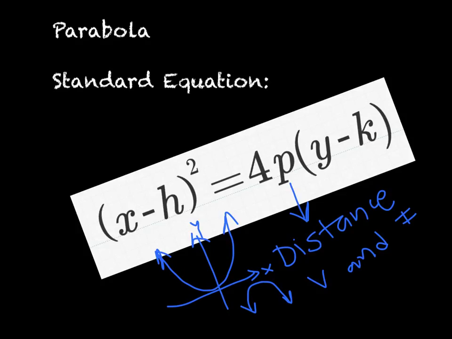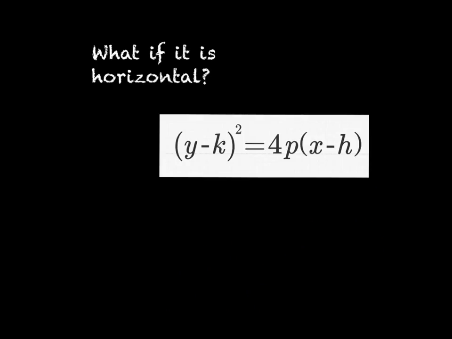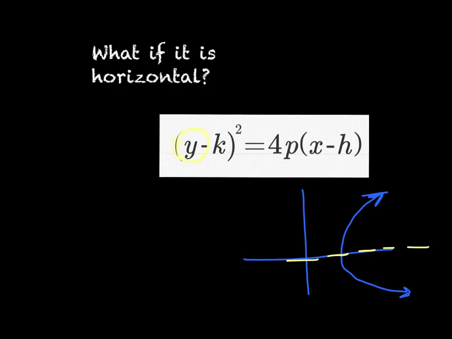But there's also a horizontal parabola. We call it horizontal because the axis of the parabola is a horizontal line. So the horizontal parabola opens to the left or to the right. And basically it's the same equation, but instead of x being squared, the variable which is squared is y.